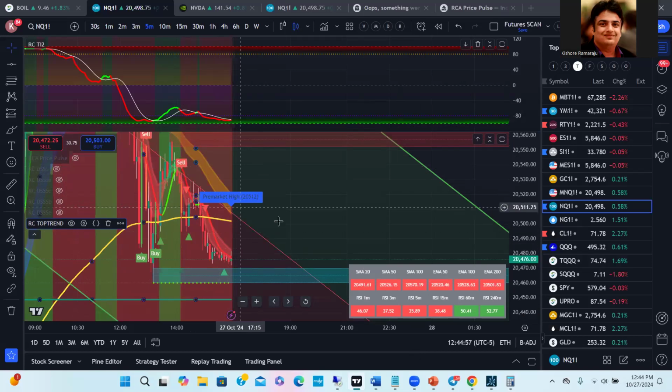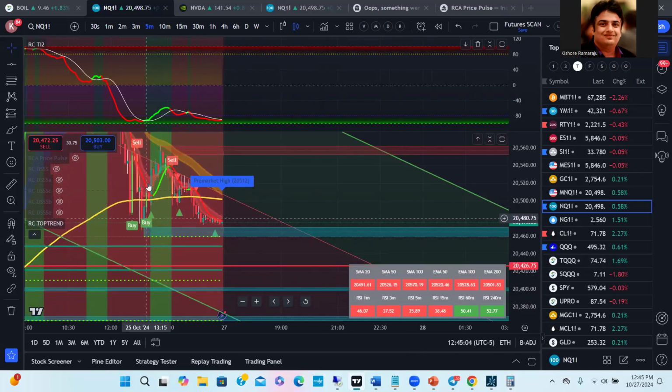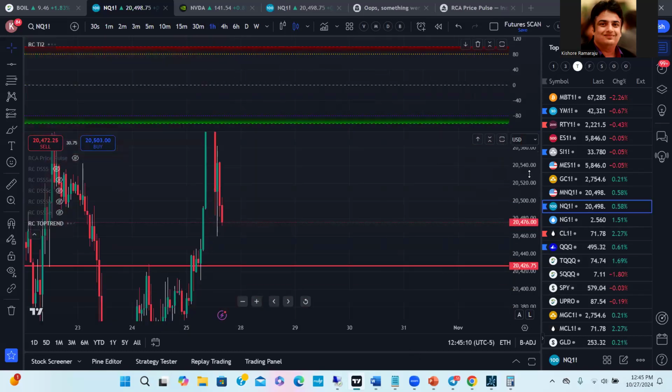Again, it may go a little bit up. Again, you see a sell signal, take it. So only take the sell signals. Don't take the buy unless you are an experienced trader. You can quickly scalp.